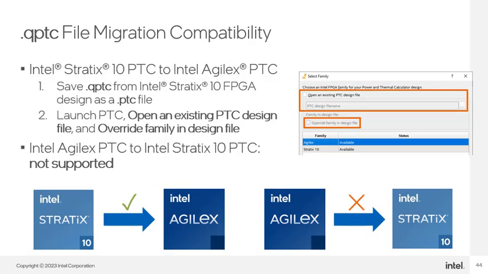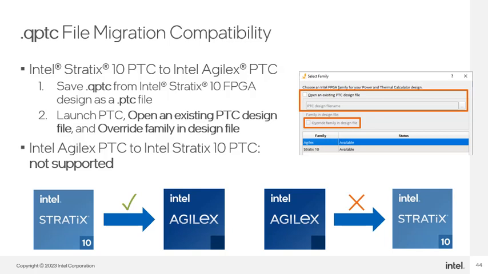If you are thinking about moving a design from an Intel Stratix 10 device to an Intel Agilex device, you can bring a .qptc file from an Intel Stratix 10 instance of the PTC to an Intel Agilex instance of the tool. To do this, first create a .ptc file for the Intel Stratix 10 design.